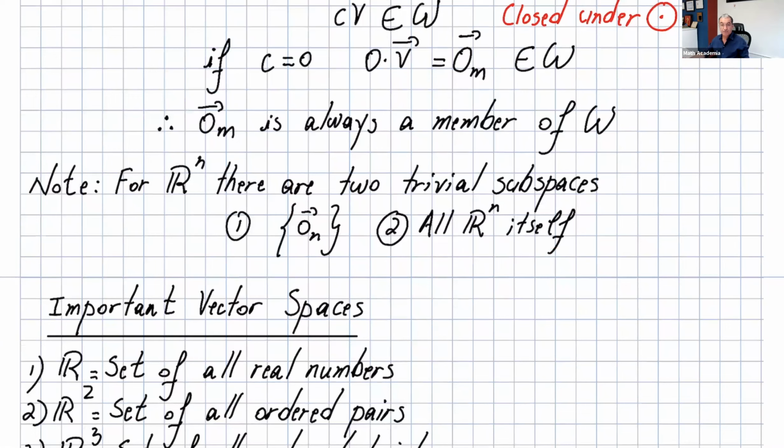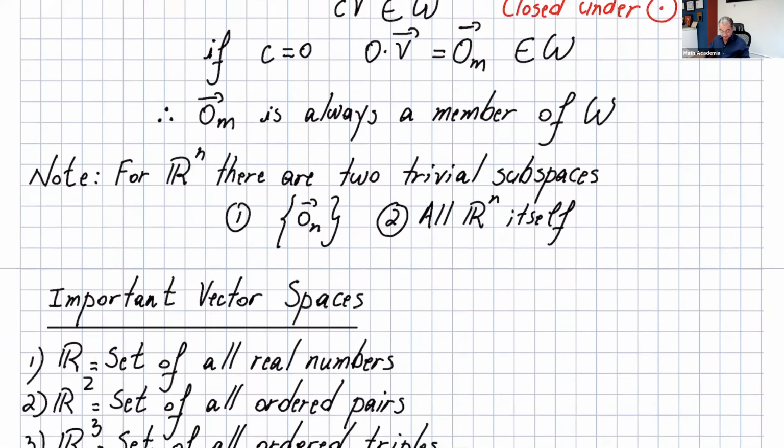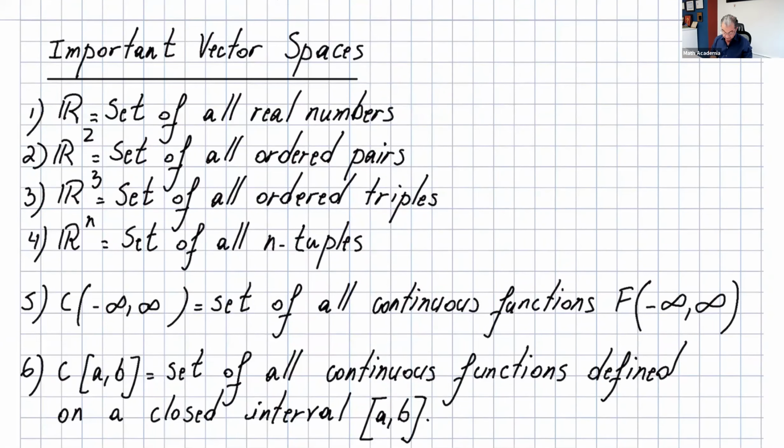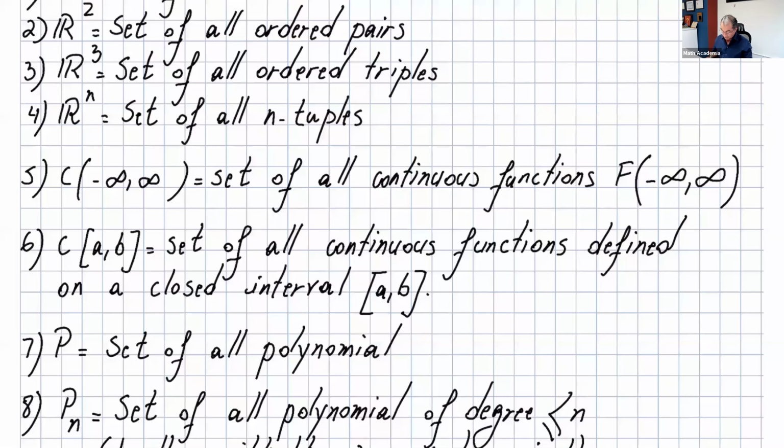Now, to prove subspaces, I want to refresh your memory of the important vector spaces we saw in the last lecture. One was R, the set of all real numbers; R2, the set of all ordered pairs; R3, the set of all ordered triples; and Rn, the set of all n-tuples. We also had all the continuous functions on the real number line.